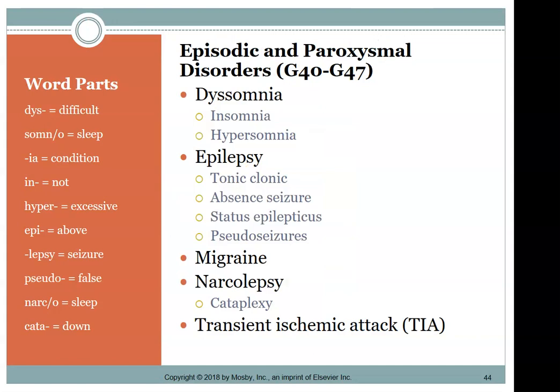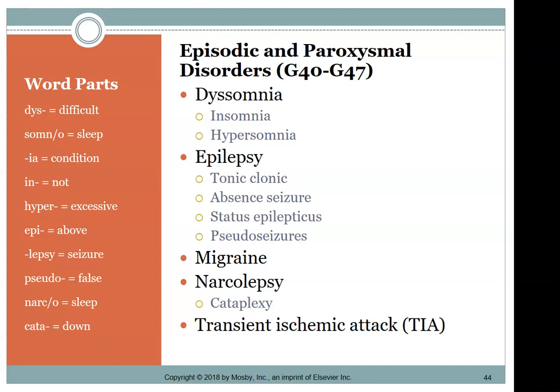Episodic and paroxysmal disorders. Dyssomnias are disorders of the sleep-wake cycles. Insomnia is the inability to sleep or stay asleep. Hypersomnia is an excessive depth or length of sleep which may be accompanied by daytime sleepiness. Epilepsy is a group of disorders characterized by some or all of the following: recurrent seizures, sensory disturbances, abnormal behavior, and/or loss of consciousness.